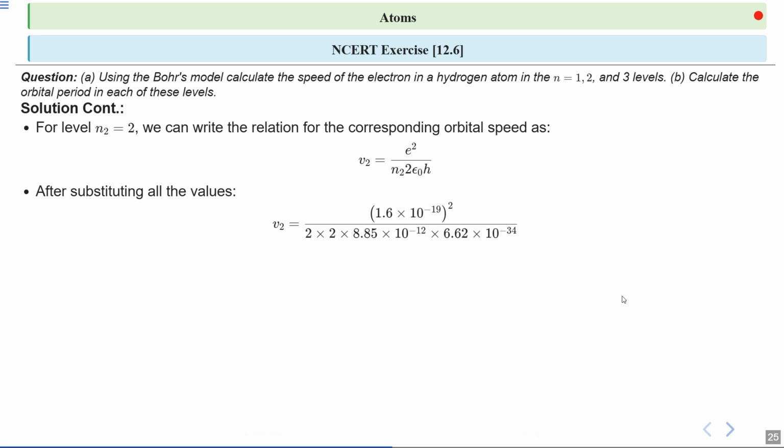So after putting all the values, v2 becomes equal to 1.6 multiplied by 10 to the power minus 19 squared upon 2 multiplied by 2 multiplied by 8.85 times 10 to the power minus 12 multiplied by 6.62 times 10 to the power minus 34, and n2 here is 2. Therefore the electron speed in the second energy level is 1.09 million meters per second.